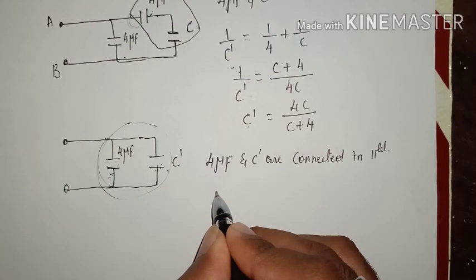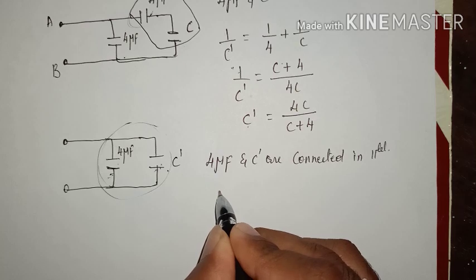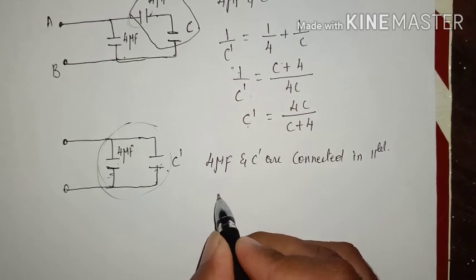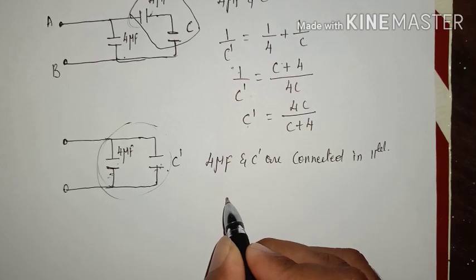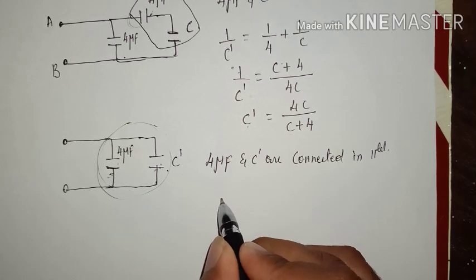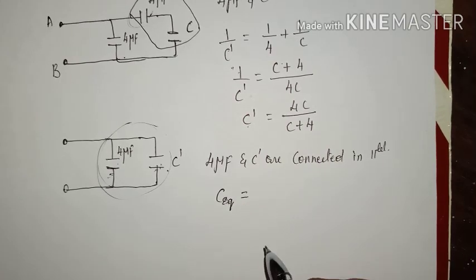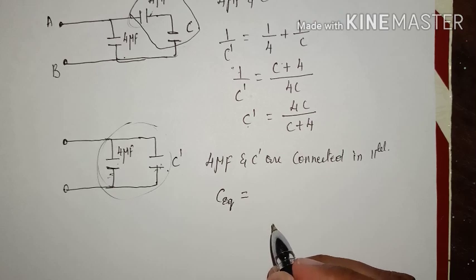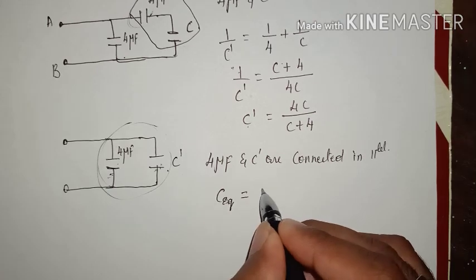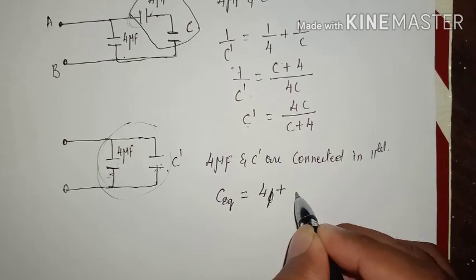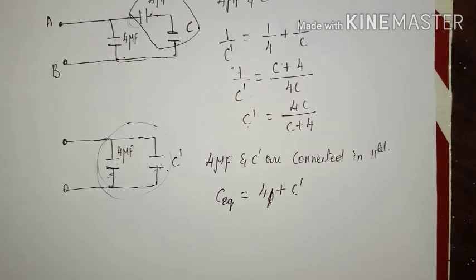Let me take it as C equivalent. So C equivalent is equal to 4 microfarad, let it be, I don't need to write, and C dash.